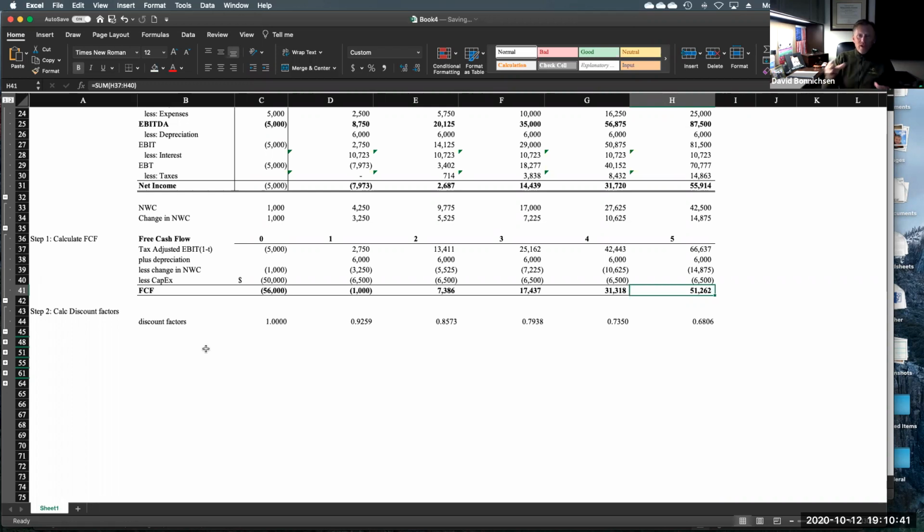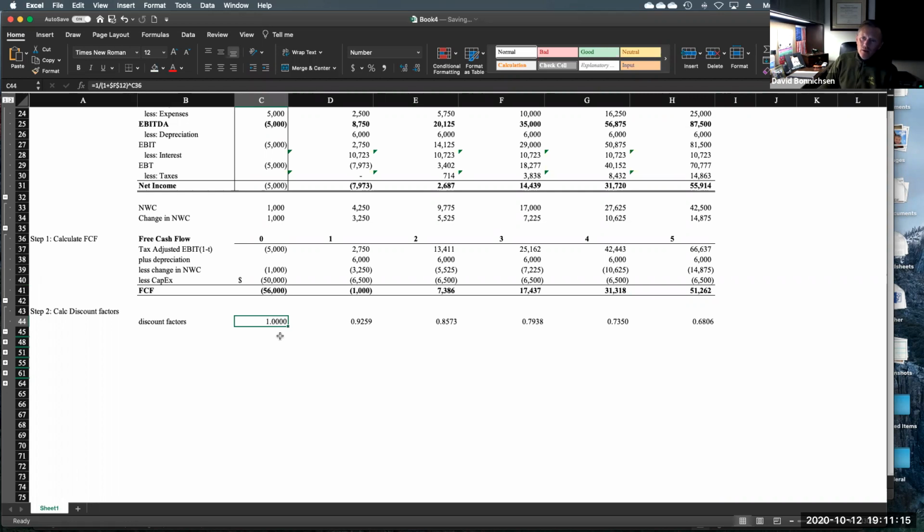When we rearrange that formula and say present value is equal to the future value divided by 1 plus the rate raised to the time period, we can split those two things into two pieces. Now we can say present value is equal to the future cash flow stream multiplied by the discount factor. And the discount factor is 1 divided by 1 plus the rate to the time frame.